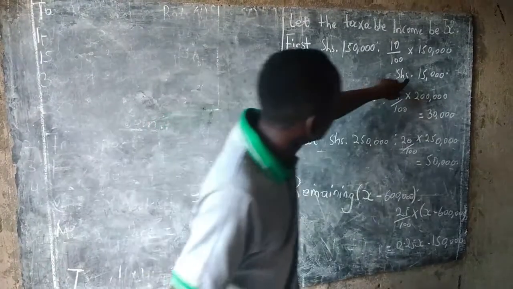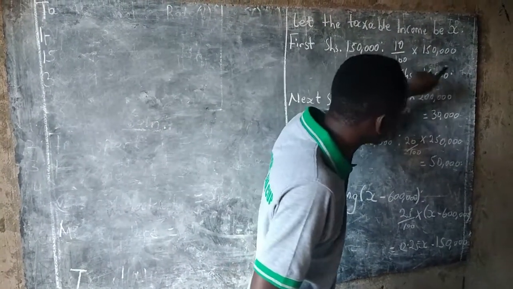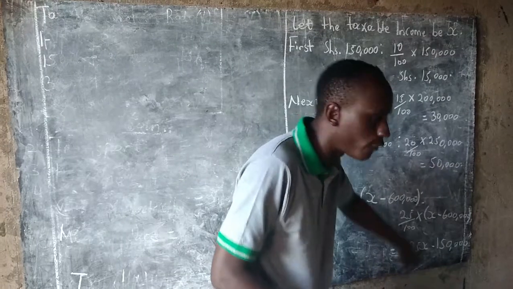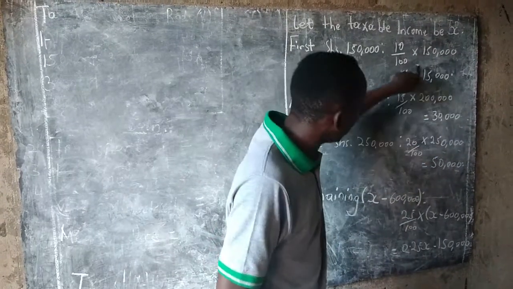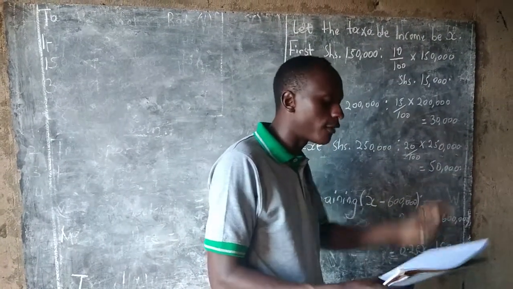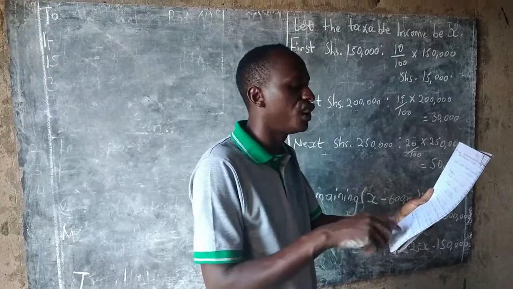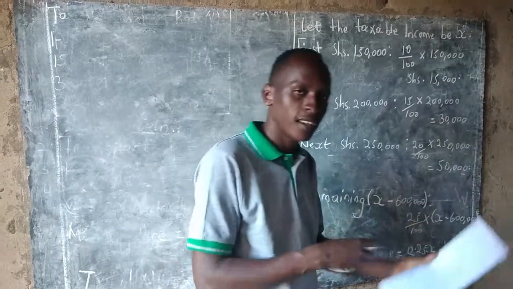So, this is the first income tax. This is the first, this is the second, this is the third, this is the fourth. If I add these income taxes, I should get to the value that I was given in the question, which is 113,750.